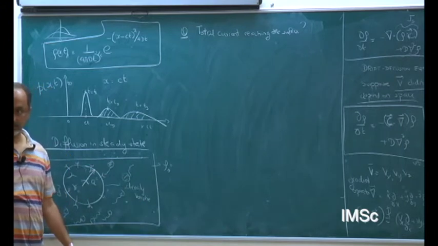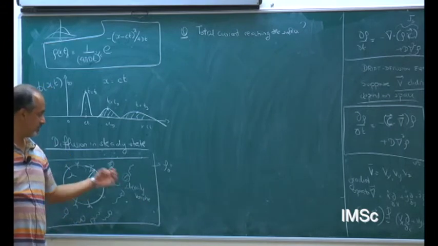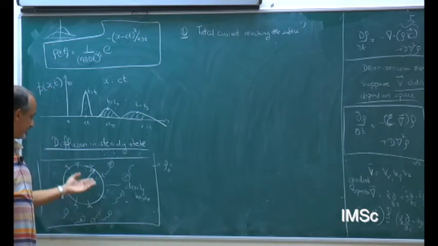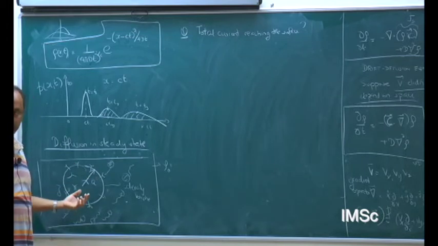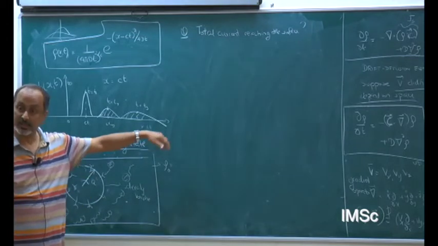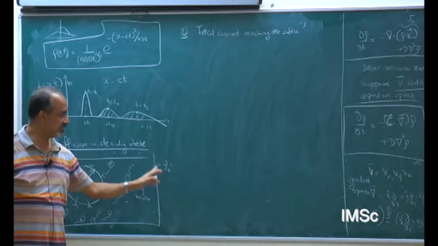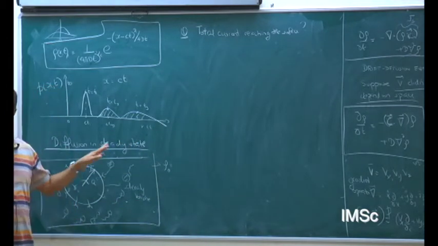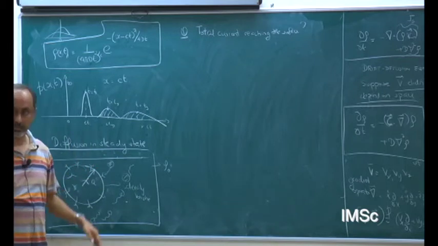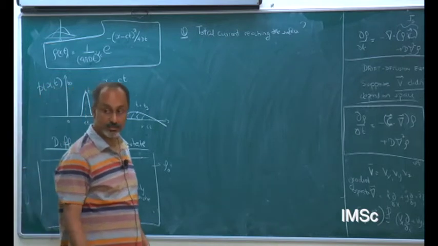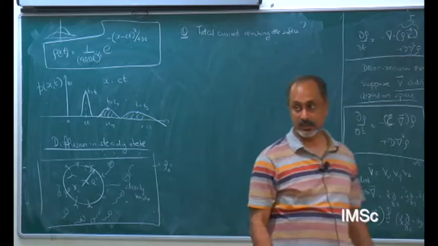So the system will settle down as you eat up the ligands that are coming in at the sphere. You have to keep refreshing the density at the outside, at the boundaries, in such a way that the density there is always maintained. And we want to ask, in steady state, what is the density profile, and what is the net current that enters the surface.